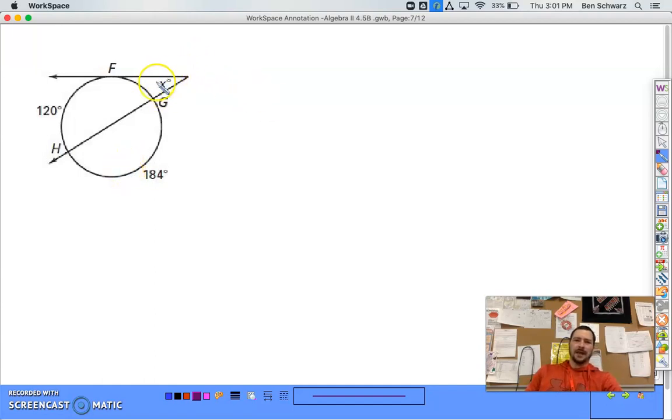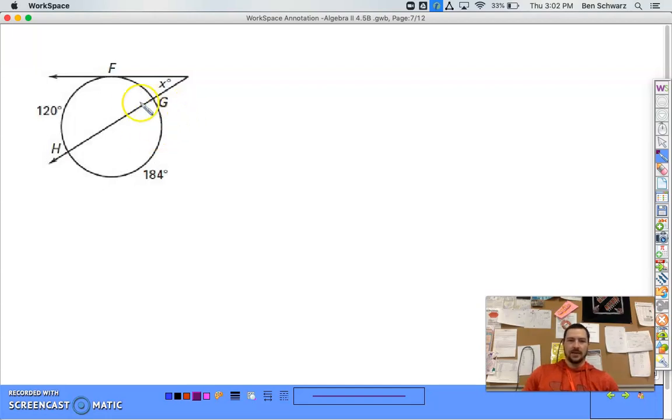So we want to find this angle x. Well, the rule is we have to take this arc here, HF, minus this arc and divide by 2. So the first thing we have to do is calculate this arc right here. To do that, we take 360 minus 120 minus 184.